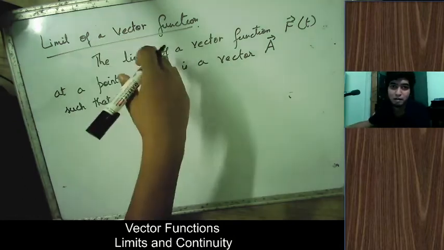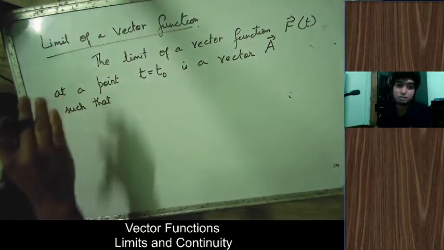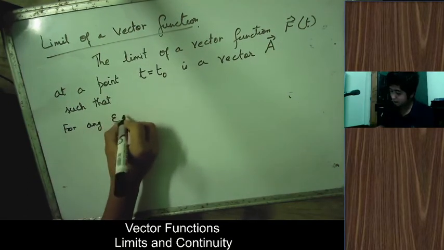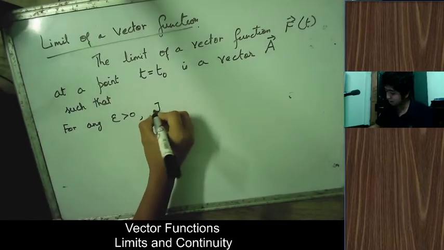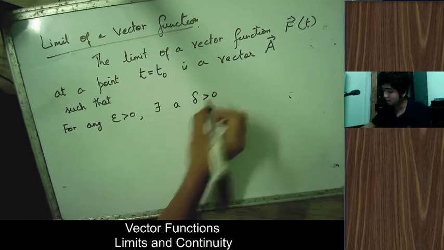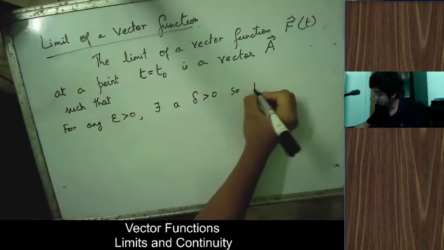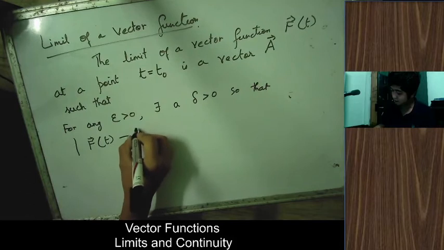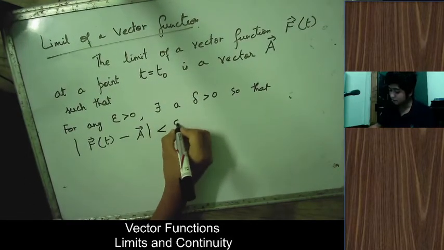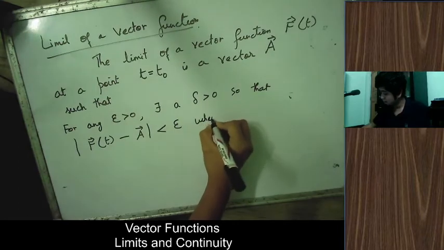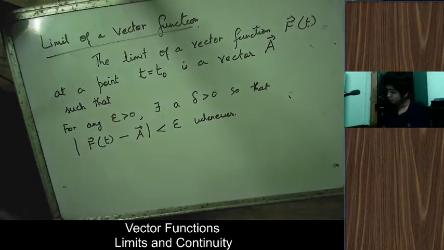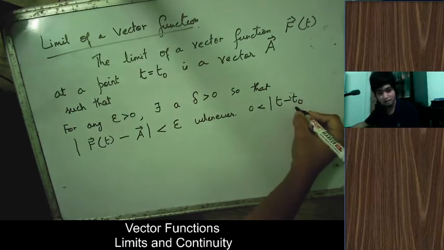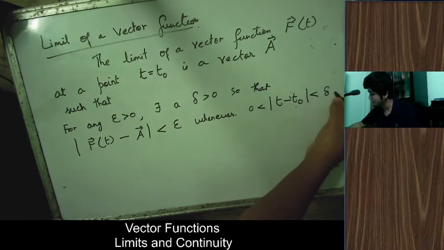Similarly, over here when we are talking about vector functions, we will be using epsilon and delta, such that for any epsilon greater than 0, there exists a delta greater than 0, so that the magnitude of f(t) minus A is less than epsilon whenever 0 is less than modulus of t minus t naught, which is less than delta.